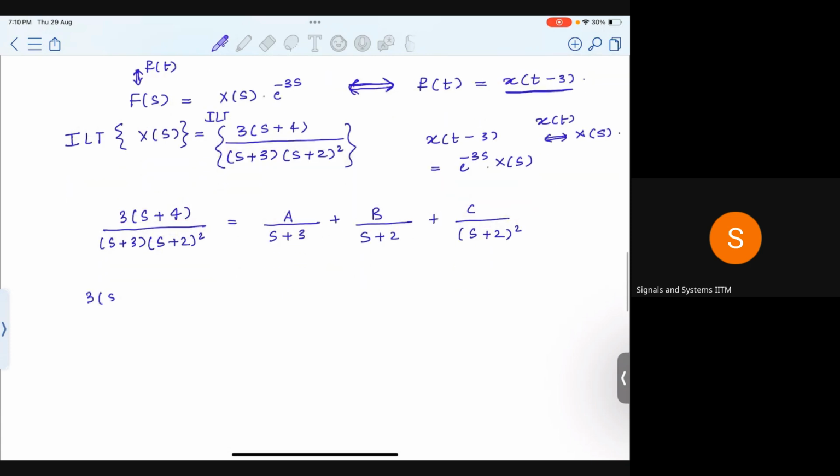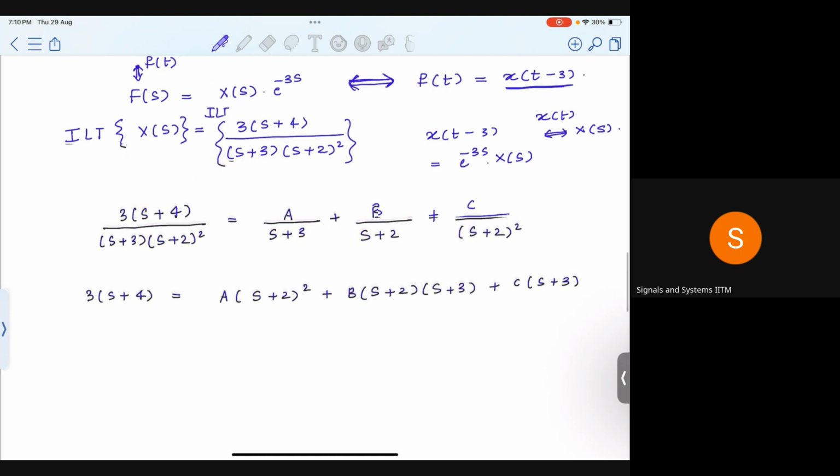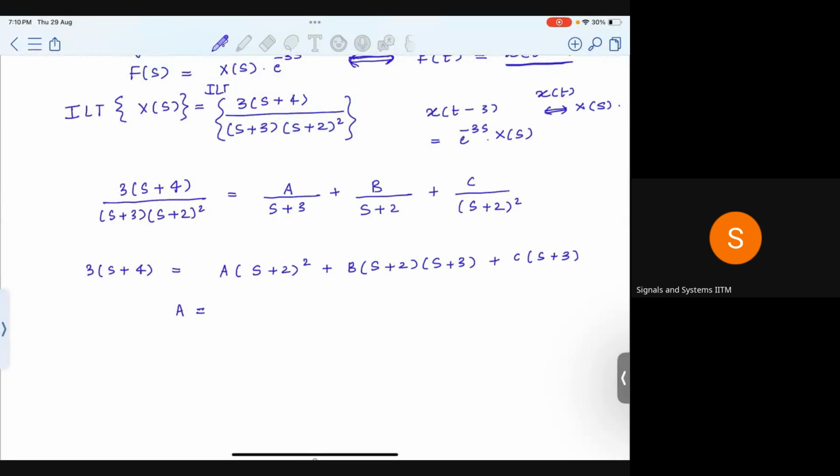So 3 times s plus 4 is equal to a times s plus 2 square plus b times s plus 2 times s plus 3 plus c times s plus 3. When you equate them, this is something that I have already done, so you can also try to do it. So a is 3, b is minus 3, and c is 6.